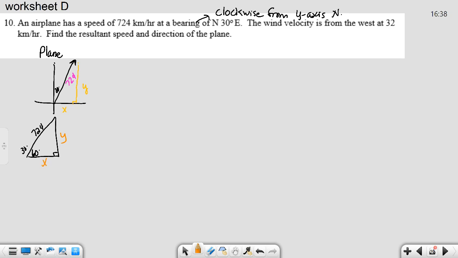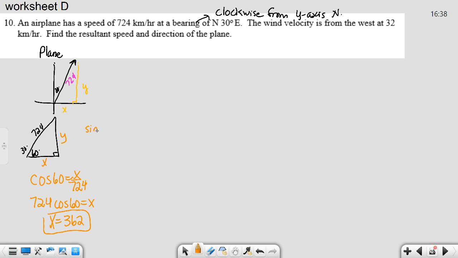So y and x. Cosine of 60 degrees equals x over 724. So 724 times cosine of 60 will give me that horizontal component, which is approximately 362. And then we'll do the same thing for y. So y is my sine.